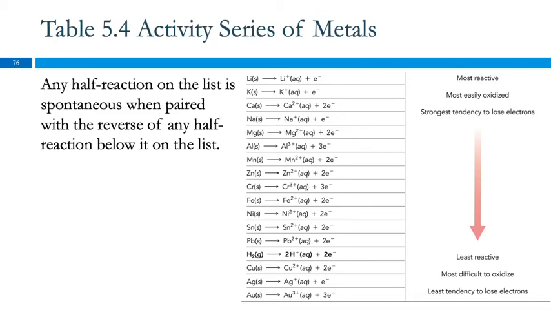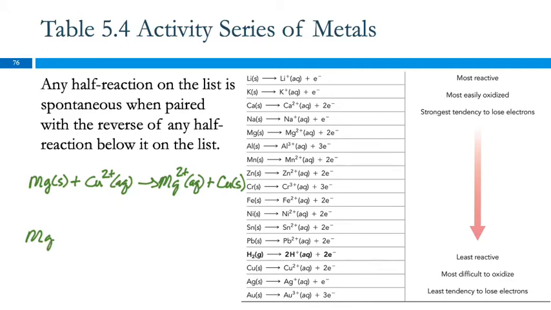So let's look at that copper and magnesium. We had magnesium and copper ions, and a reaction occurred where we got magnesium ions and solid copper metal. So we can write this as two half reactions.